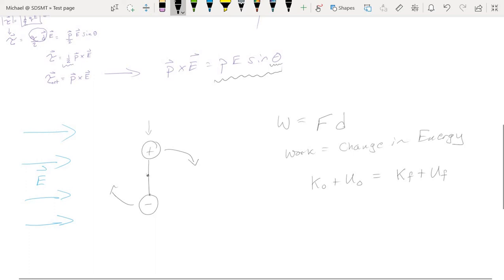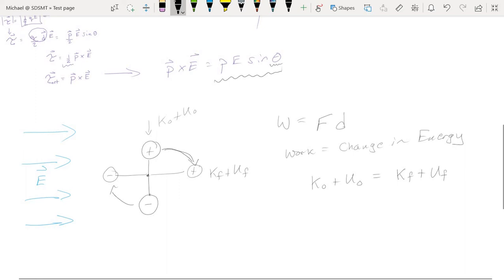So right here at our initial starting point, there's some combination of kinetic and potential energy, but then the system causes our dipole to rotate, in a sense displacing, and so there has to be some combination of kinetic and potential energy later on.